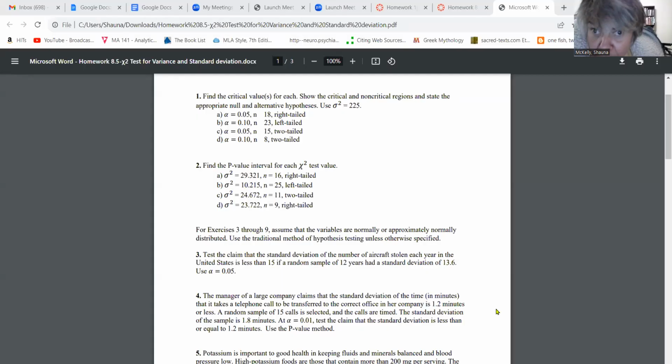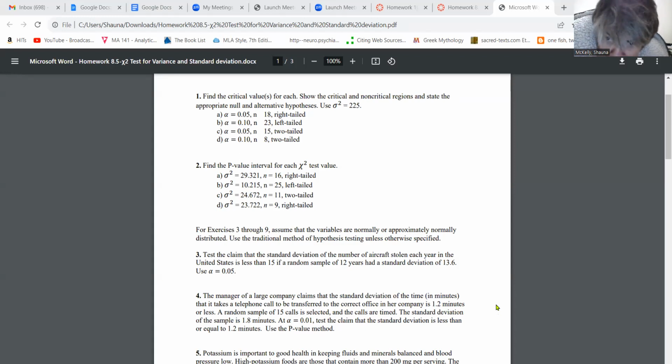This is section 8.5, number 3. The problem reads like this. For exercises 3 through 9, assume that the variables are normally or approximately normally distributed. Use the traditional method of hypothesis testing unless otherwise specified.